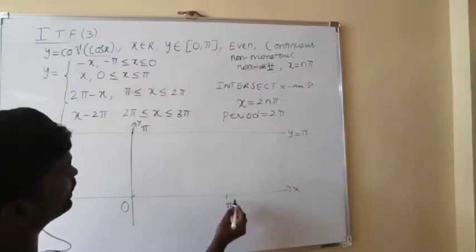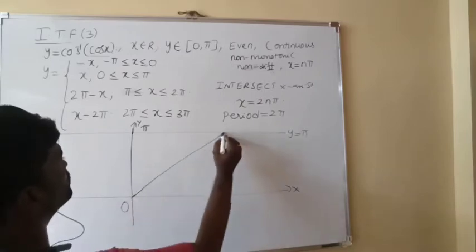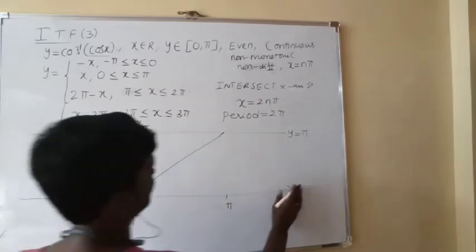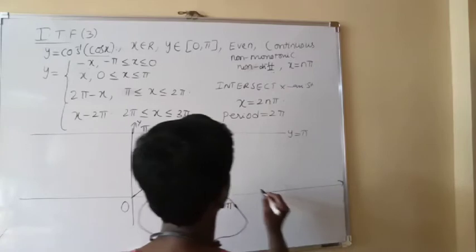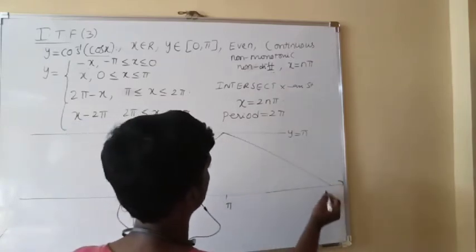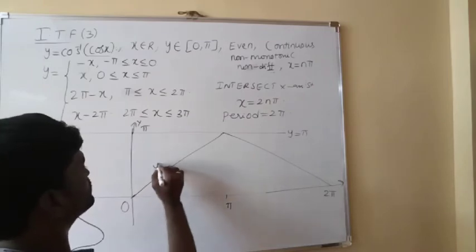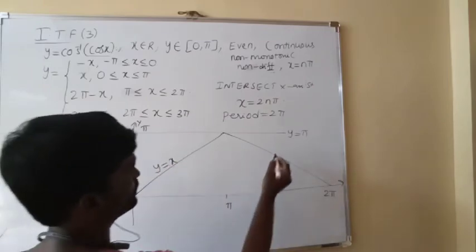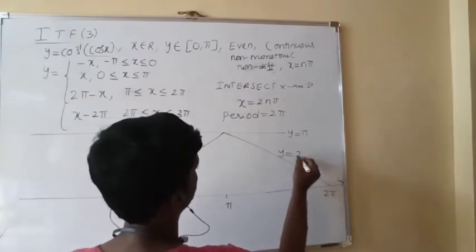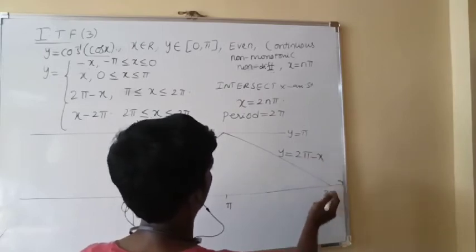So between 0 to pi, what is the graph? y is equal to x. Next, between pi to 2 pi, y is equal to 2 pi minus x. So this line slope is plus 1 and this line slope is minus 1, and passing through which point? 2 pi comma 0.